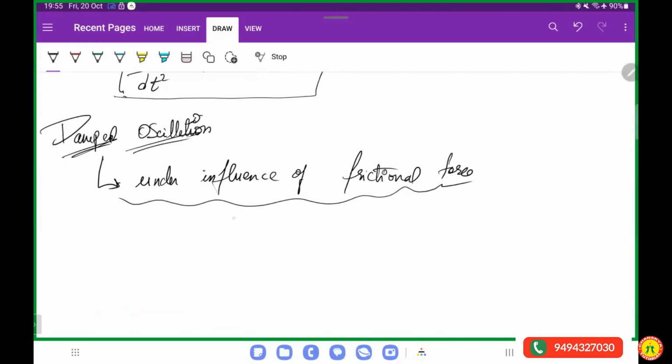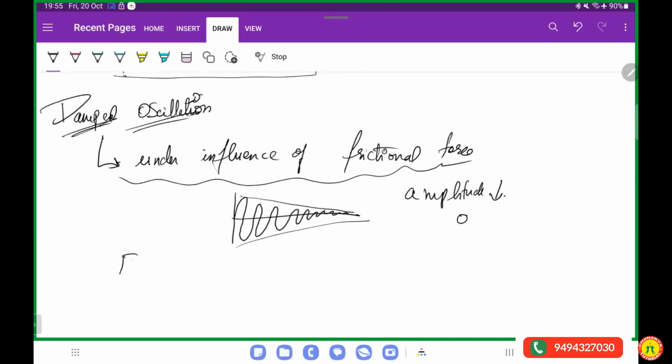So let's draw here so that you remember what damping means. Here, if you observe, the amplitude is decreasing and comes to 0.